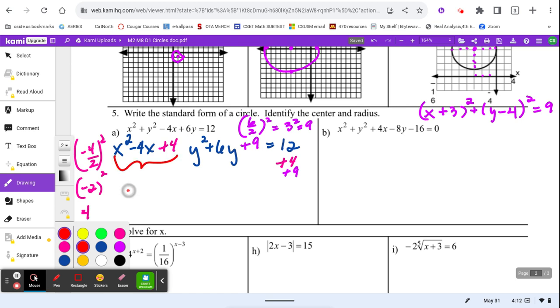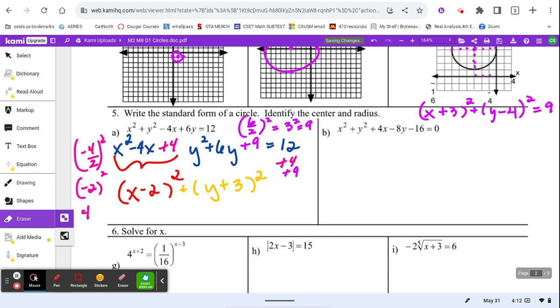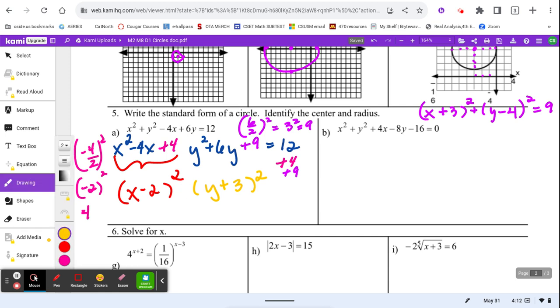So this gives us the x minus 2 squared perfect. And this gives us the y plus 3 squared perfect. And then 12 plus 4 plus 9, do you see that that's going to give us 25?